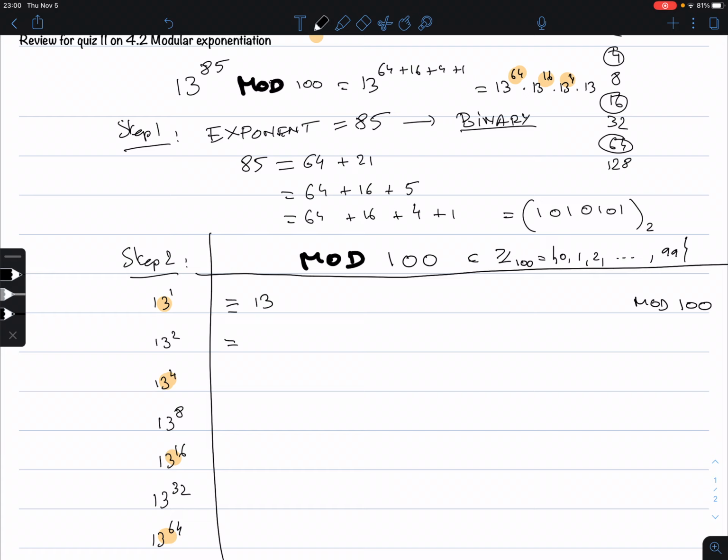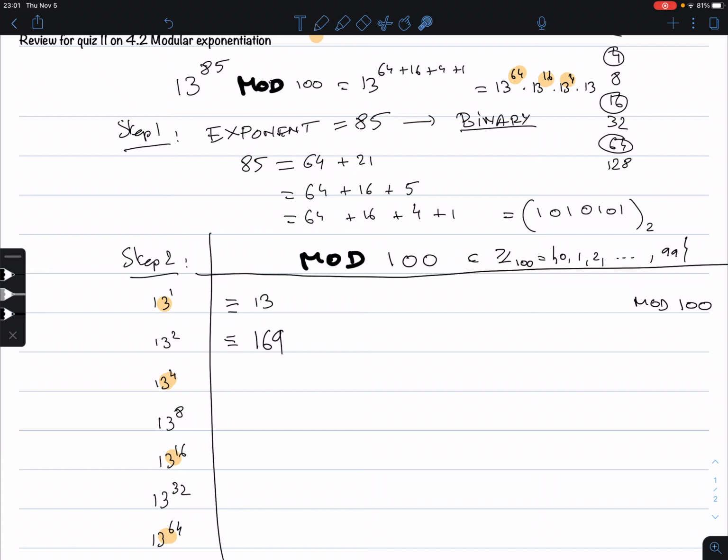So this is 13 squared. Let me get my calculator next to me. 13 squared is 169. But as I said, we're not going to take 169 and square it, because that would be just working out this whole thing.